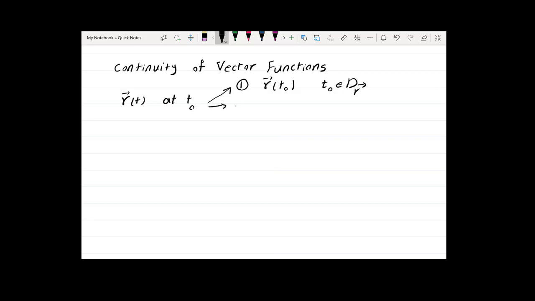The second condition is the limit of r when t approaches t sub 0 should exist. And the third one, the limit of r of t when t approaches t sub 0 should be equal r of t sub 0.